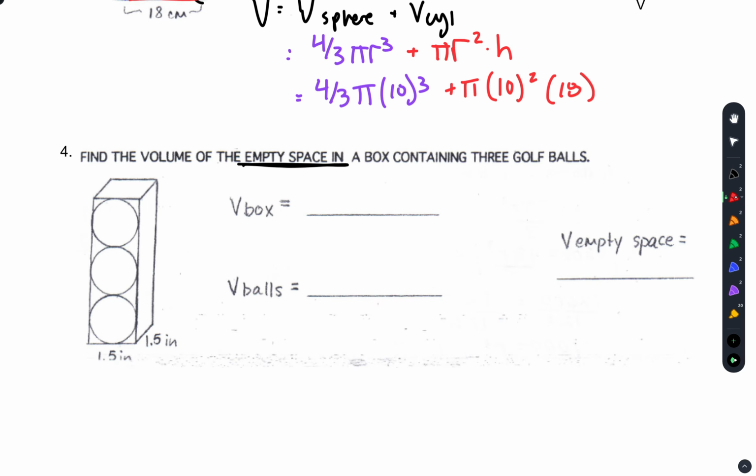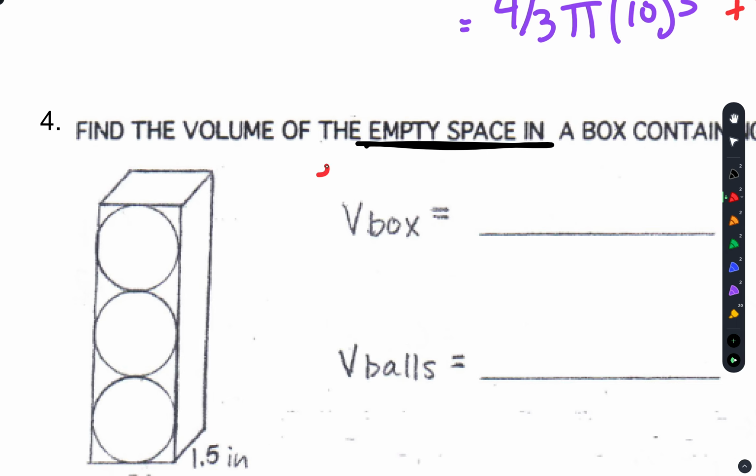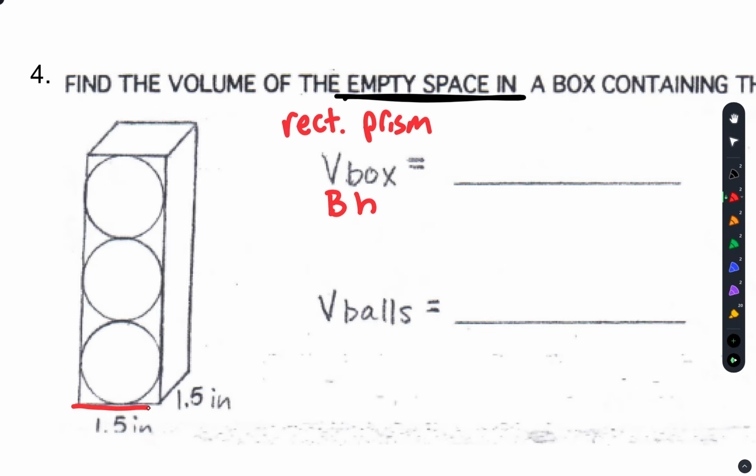We're going to find the volume of the box, which, if you don't know what shape this is, is a rectangular prism. So the formula for a rectangular prism is area of the base times height. Well, this base is a square. So 1.5 squared for our area of the base. And then just like Dahlia said, we're going to use the diameters of these spheres to help us find the height of this box.